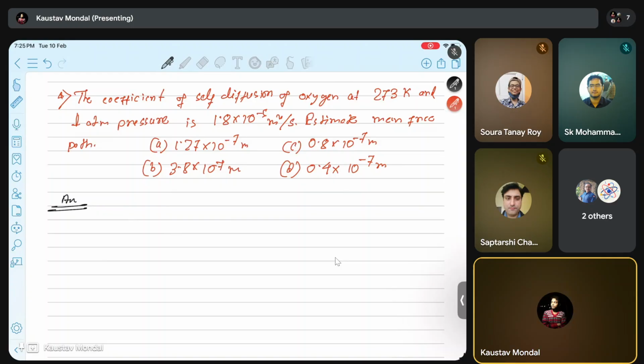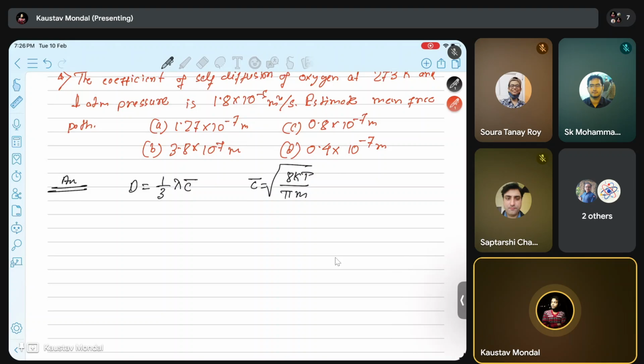So the diffusion coefficient, we know, is related by basically this quantity 1 by 3 lambda c bar, where c bar is basically root under 8 kt by pi m. Now for this problem, you have to calculate the expression of the diffusion.